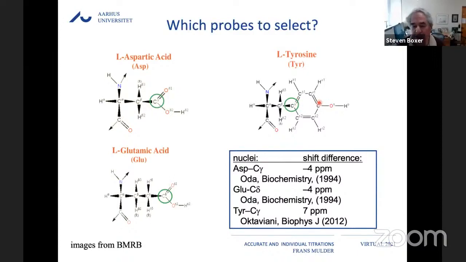Exactly. There is the subtle issue of the orientation of the proton on the hydroxyl group, actually, and that can have interesting effects. It's been very little studied as far as I know, but I think Takeda and Kainosho have looked at this.